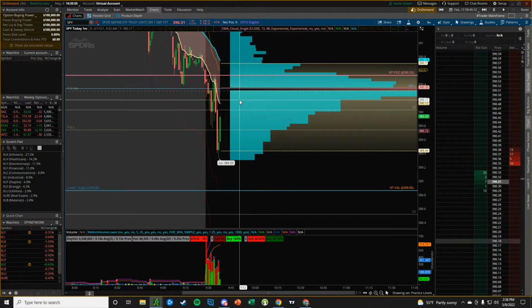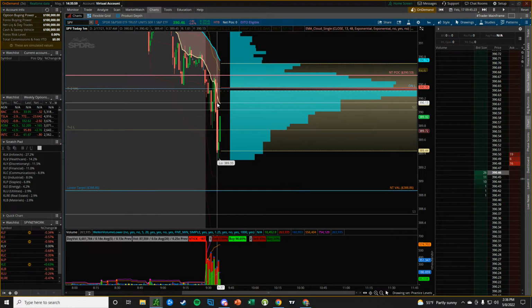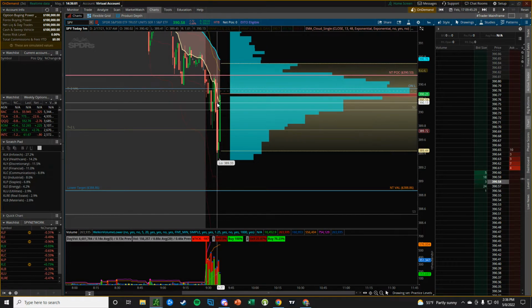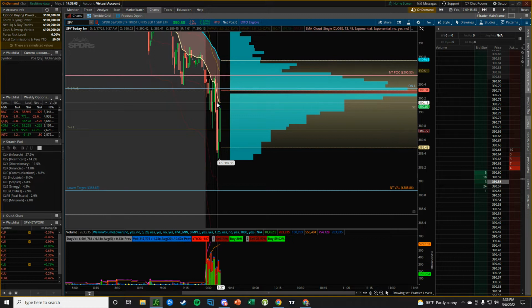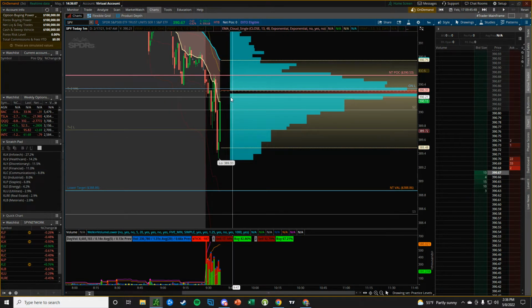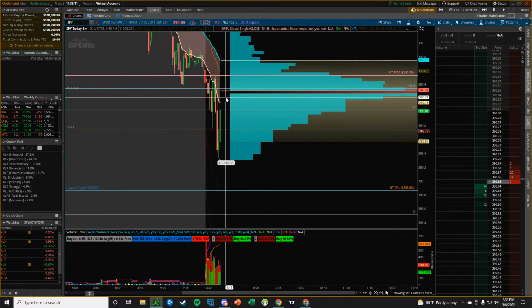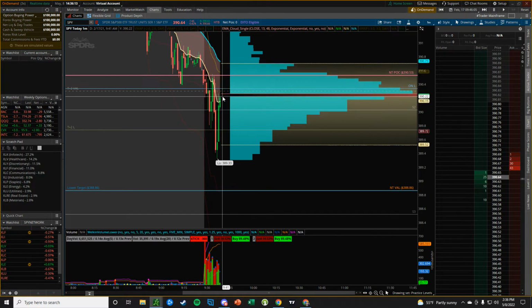Ooh, getting some pushback. We might get popped out of our position. I want to say that's 937. All right. So we want to pay attention here now, because we might end up closing the last of the position if we get a candle that closes inside this.